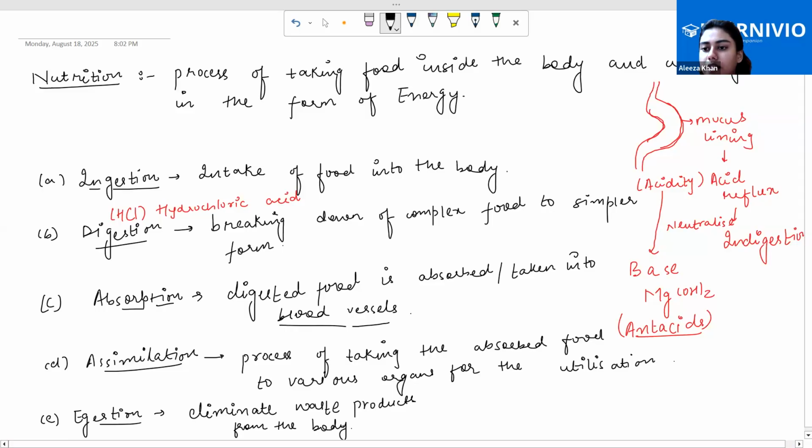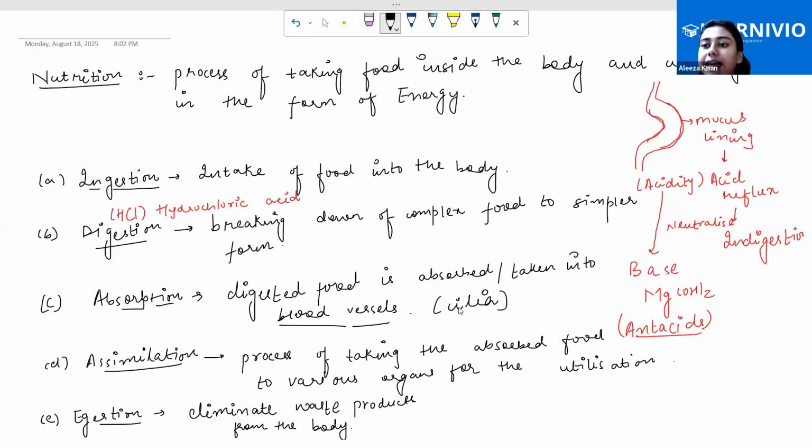We'll be discussing each component of the digestive system. But first understand the process of how the food is taken into the body, how it gets digested by the action of what components, how it is absorbed into the small intestine. Do you know how it is absorbed, Shreya?